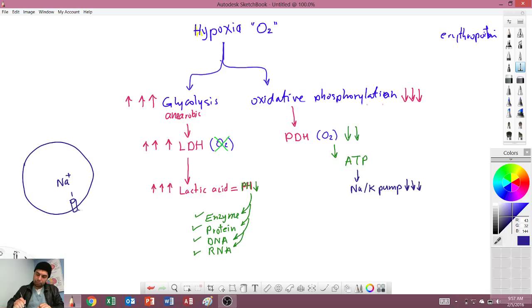This allows even more sodium to come in, and chloride follows, which is negative, to match the positive. When these two are inside, water has to come in too. When water comes in, the cell swells. When the cell swells, further depolarization of the endoplasmic reticulum's membrane allows calcium to come out.